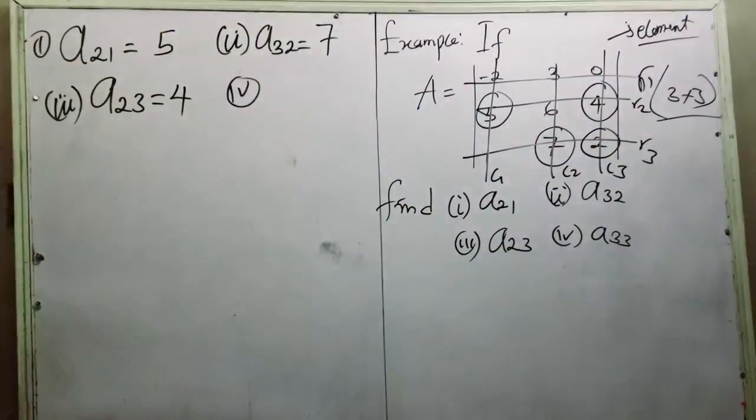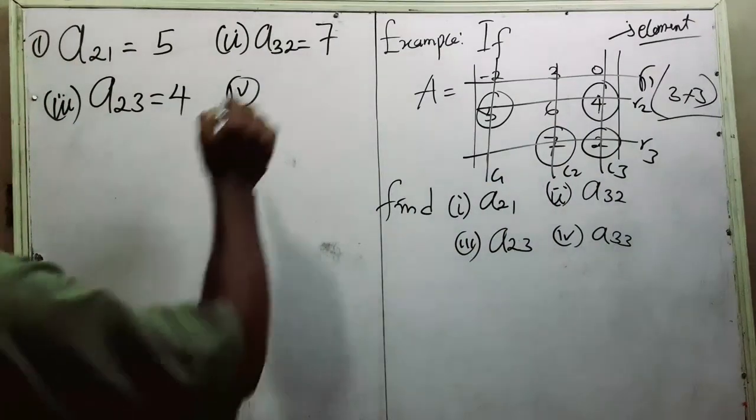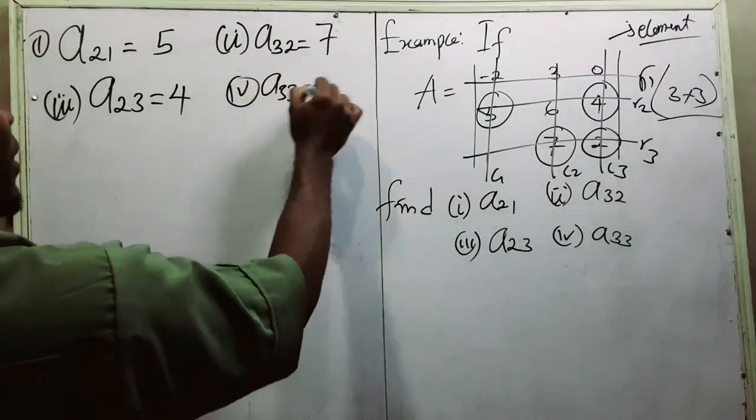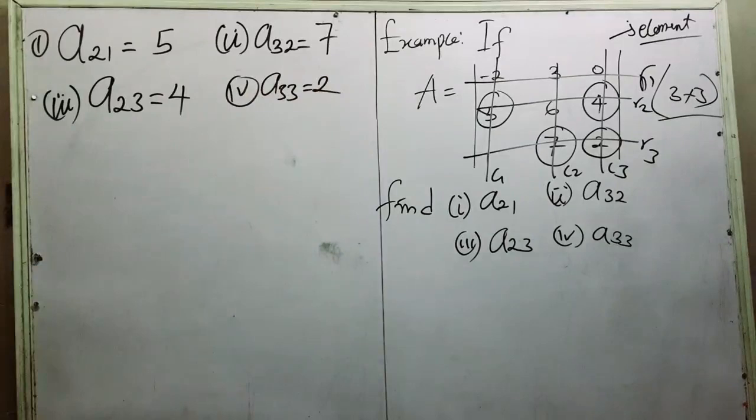So A row 3 column 3 is equal to 2. This is how we find where an element falls, so that's how we are able to identify the positions of elements in the array bracket.